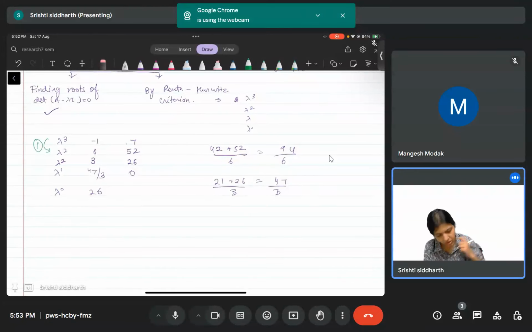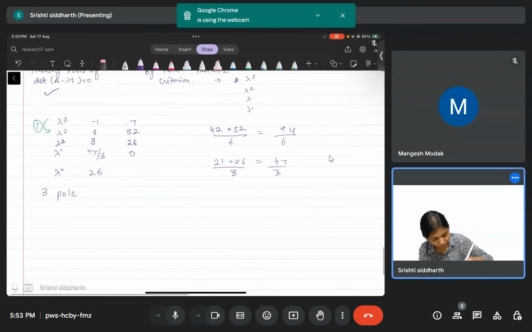Just one sign change. So there are three eigenvalues or three poles, out of which there are only two stable poles.